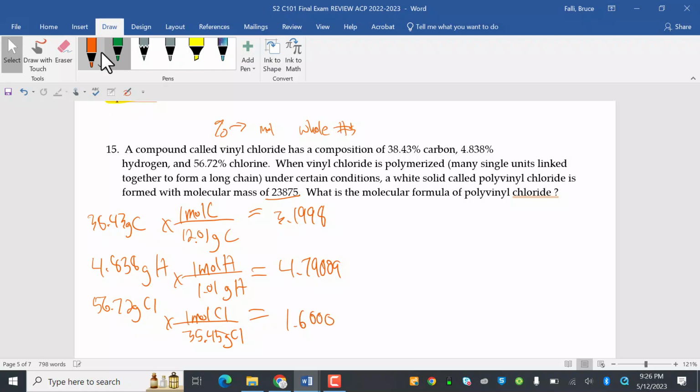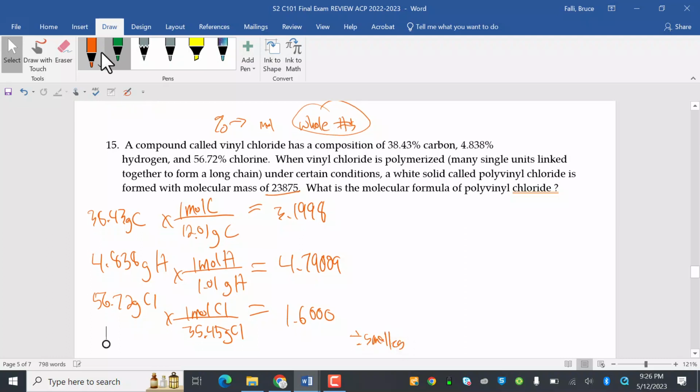Now, I want to get these into whole numbers. To get them into whole numbers, I'm going to divide by the smallest, which is 1.16. 3.1998 divided by 1.16 is 2.75.